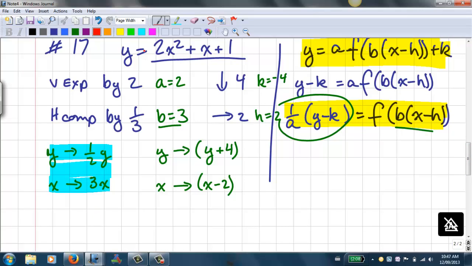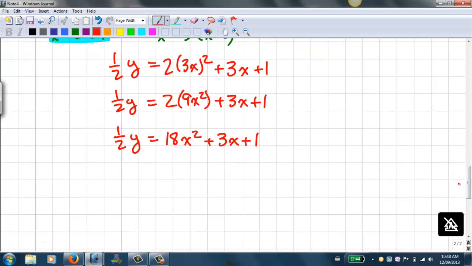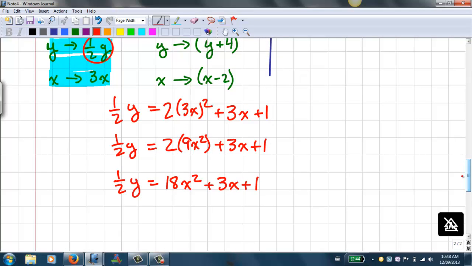So y is going to become 1/2 y is equal to 2 times x becomes 2 times 3x squared. So 2 times 3x squared plus x, which becomes plus 3x, and then plus 1. So if I clean all that up and get y by itself, we replace the x with 3x and the y with 1/2 y.